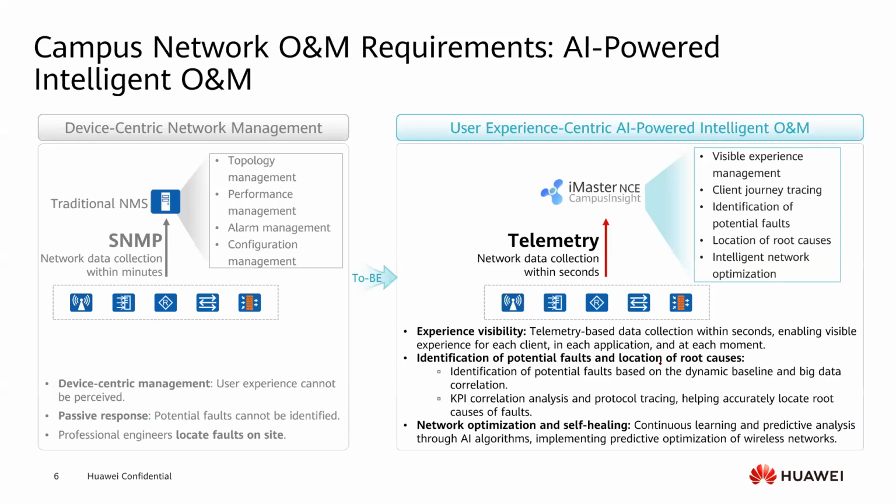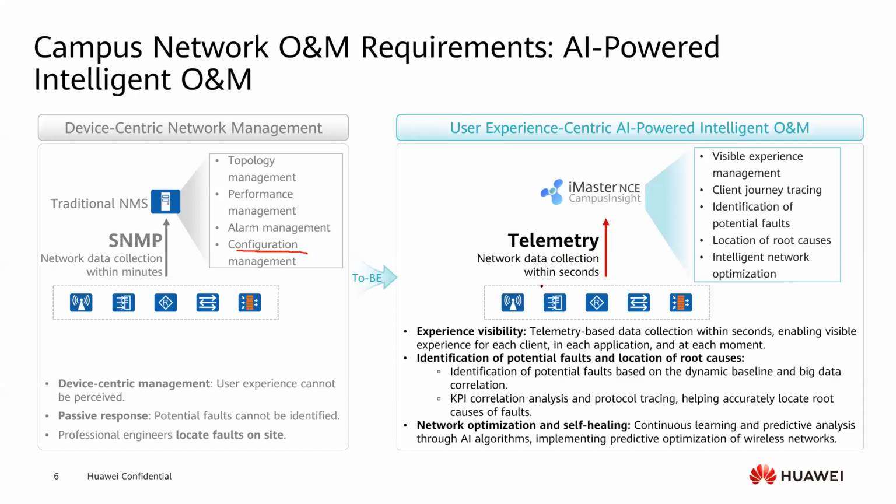So we will introduce AI-powered intelligent operation and maintenance, which is based on CampusInsight. The traditional management way is based on SNMP, just like eSight. It brings functions such as topology management, performance management, alarm management, and configuration management. However, CampusInsight is based on telemetry technology.